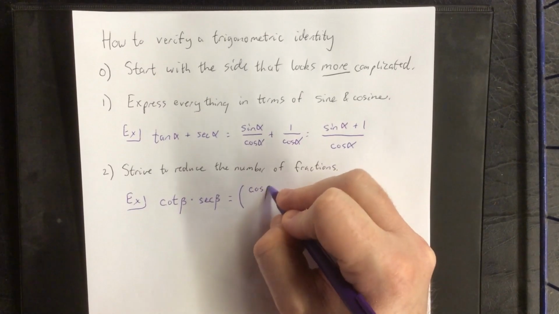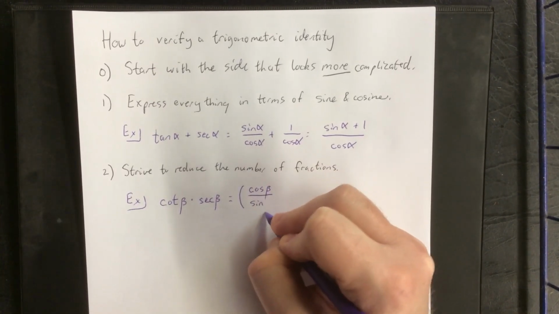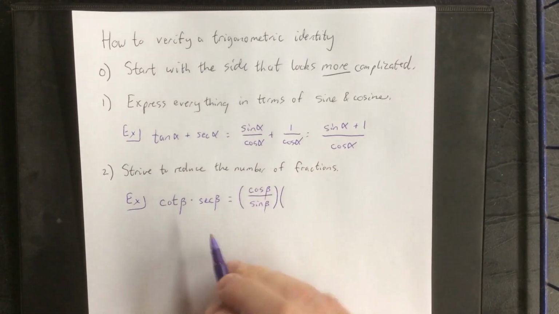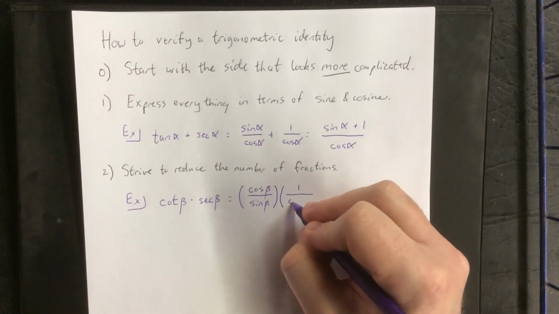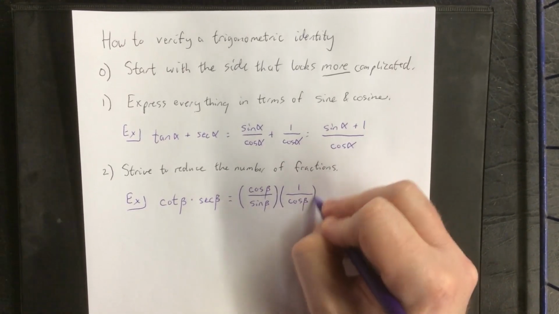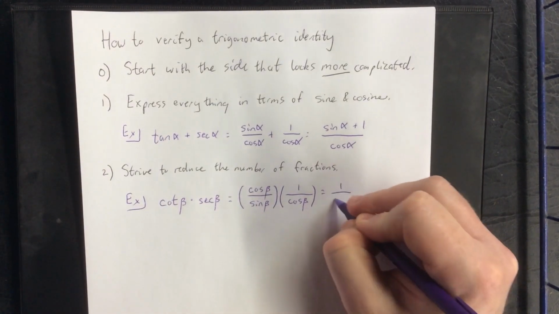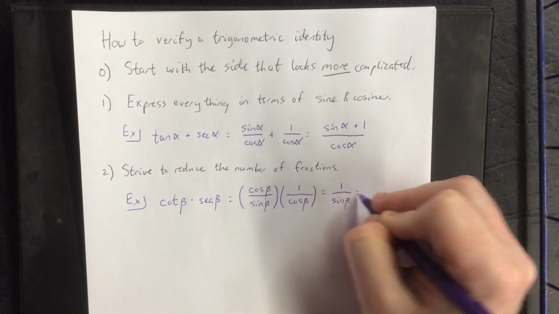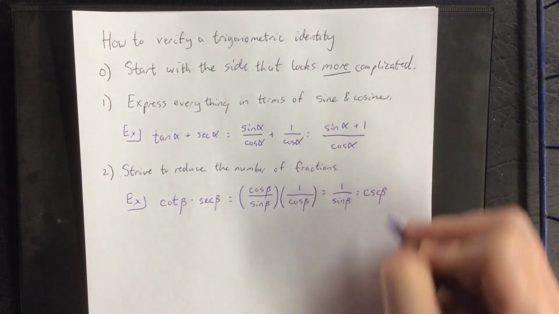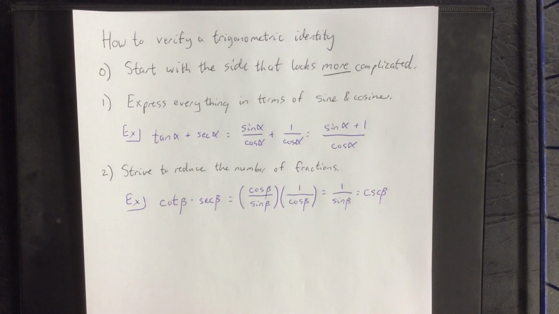Well, the first one would be the cosine of beta divided by the sine of beta, and the second one would be 1 over the cosine of beta. At which point you can probably observe that the cosine of betas will cancel each other out, and you'll be left with 1 over the sine of beta. Or, potentially, you could express that as the cosecant of beta, something along those lines.